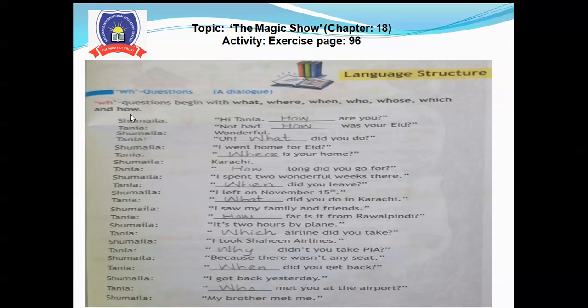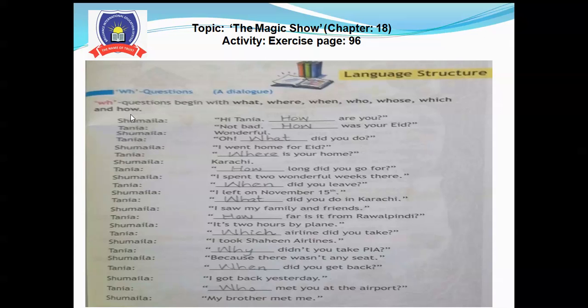Shumaila: Karachi. Tanya: How long did you go for? HOW, how long did you go for? Shumaila: I spent 2 wonderful weeks there. Tanya: When did you leave?